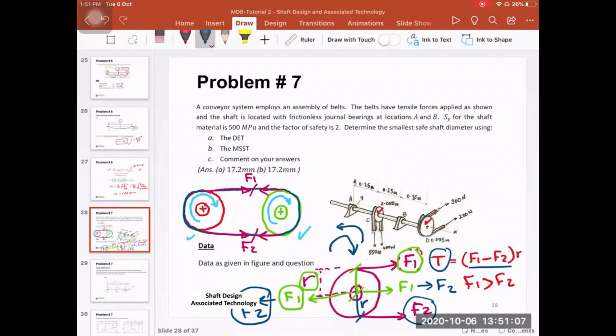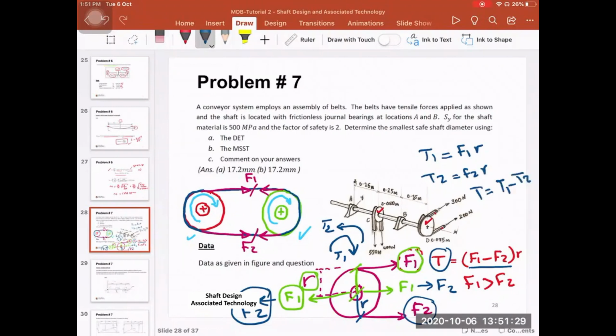It is like if you call this T1 and you call this T2, so T1 is equal to F1R and T2 is equal to F2R, then the torque T is equal to T1 minus T2. So this is how you calculate the torque if you have belts, okay?